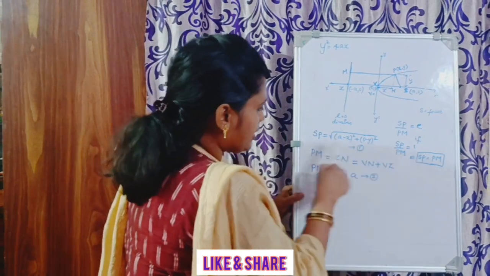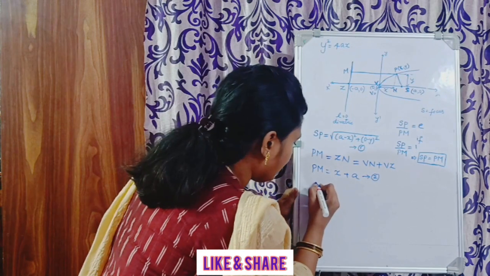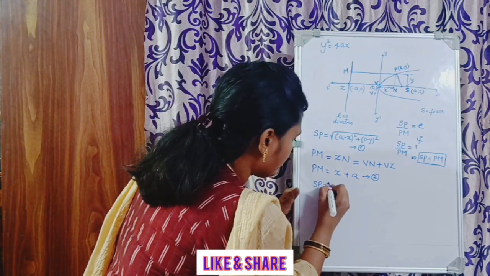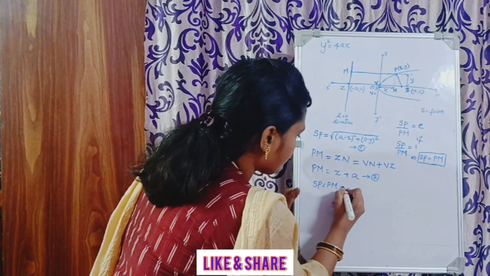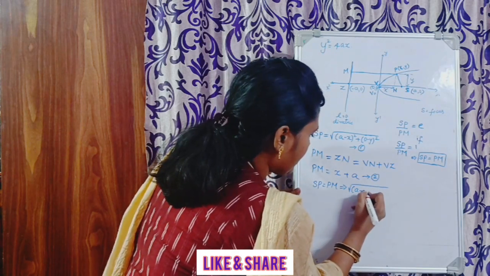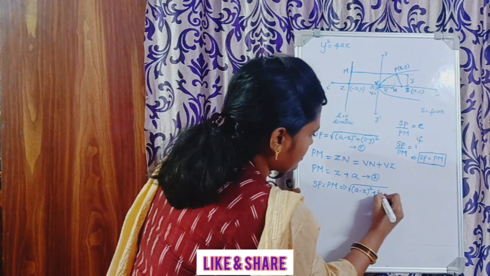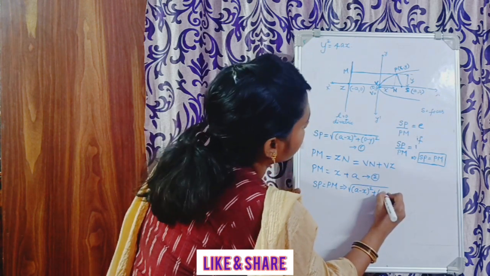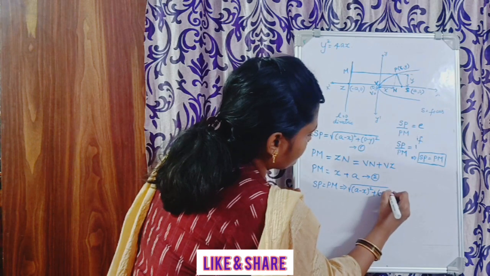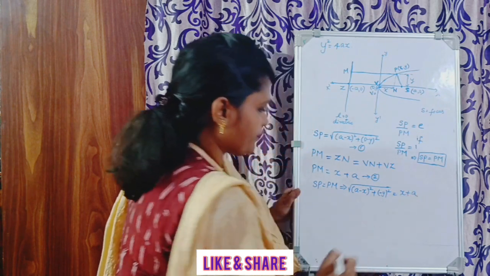From this, SP should be equal to PM for a parabola. Now, I'll equate it. SP is equal to PM, which implies square root of (a minus x) whole square plus y square is equal to x plus a.